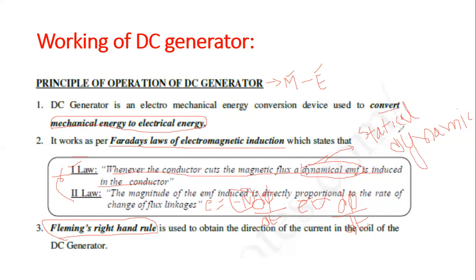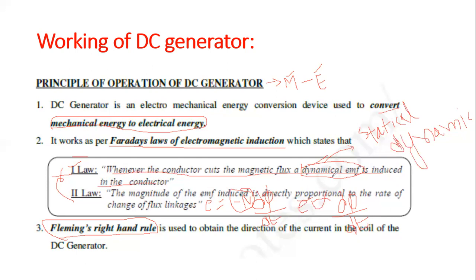What is meant by dynamically induced EMF is that the flux lines are stationary and the conductor is rotated. We are considering two cases.